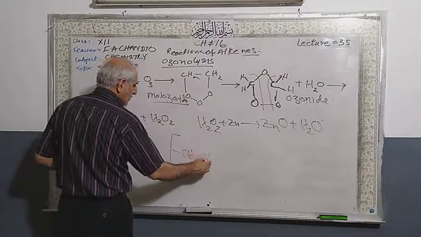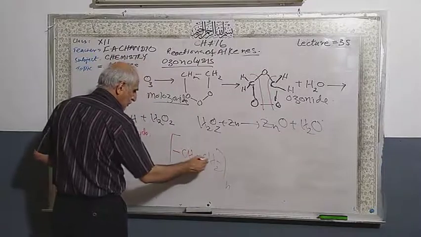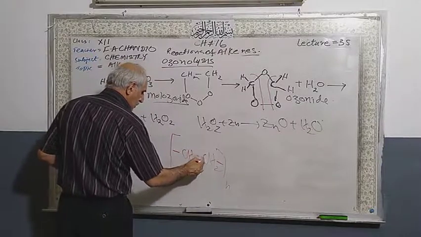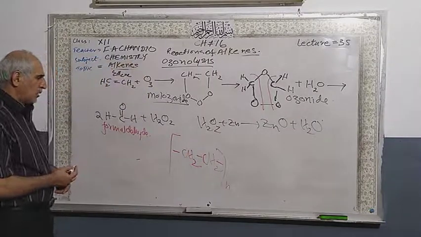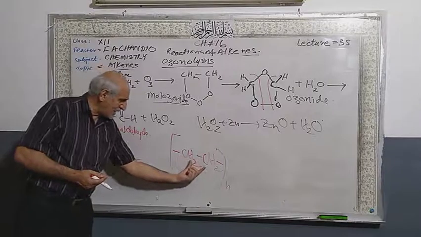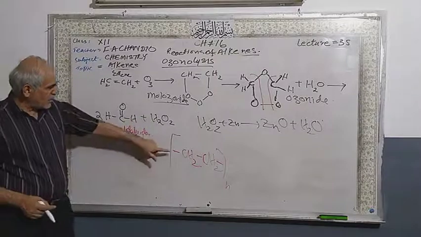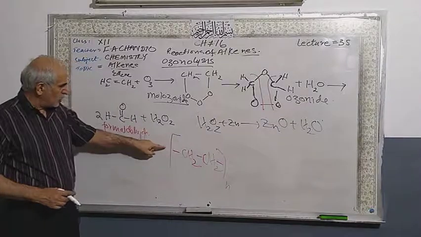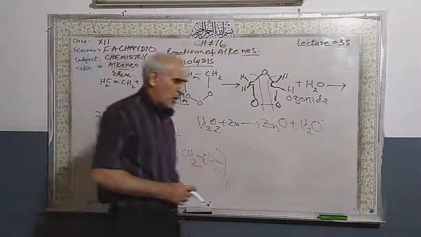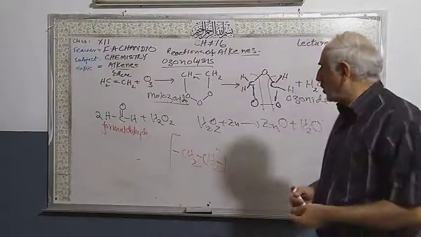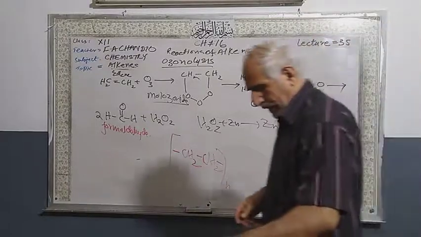This is the polymer. There is no end, no starting. This is called polyethylene, and this is the same original one, but the valence is not satisfied, the double bond is gone. We don't know how many atoms are here. This is a huge molecule, polyethylene, formed from ethene. So ethene is used as a petrochemical.